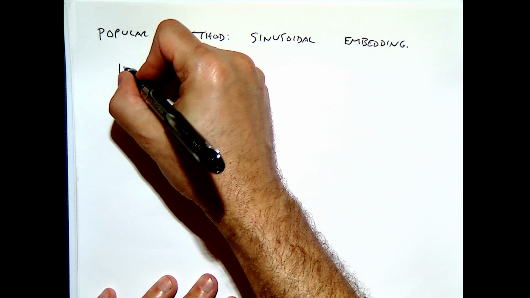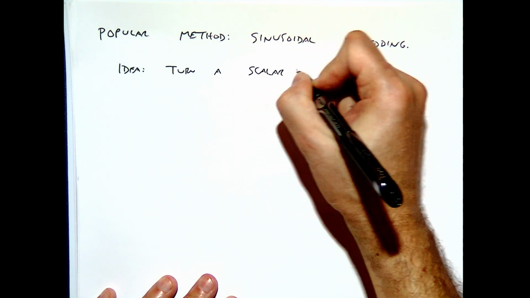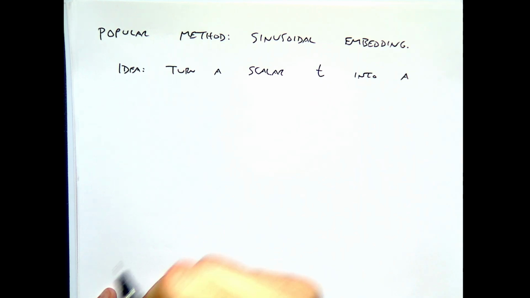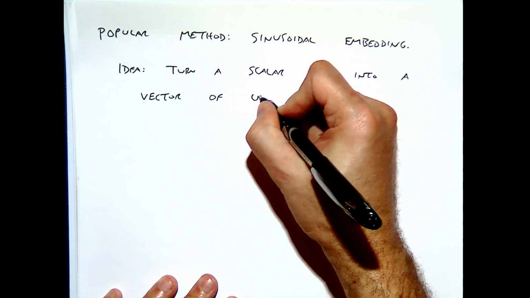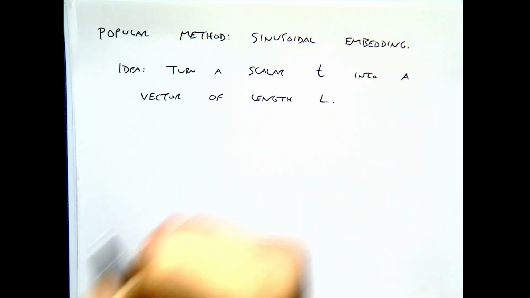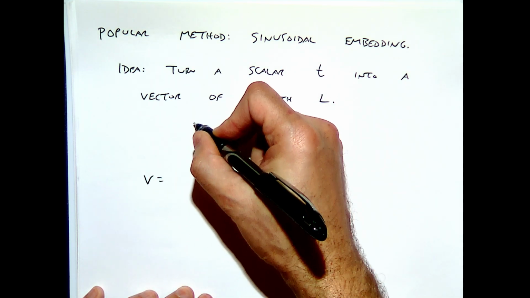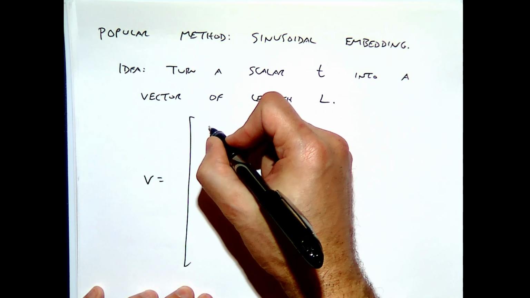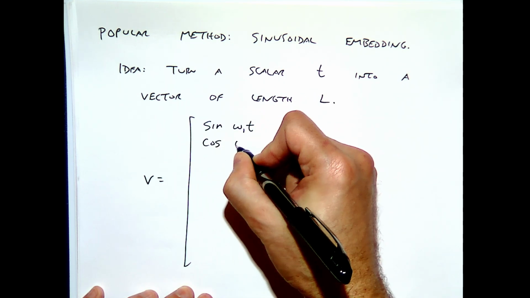The idea is to turn a scalar t into a vector, or more generally a matrix of length L. And the way this is typically done is very simple. t is a scalar. What I do is I make a vector, and the entries of that vector are a bunch of sines and cosines of various frequencies.